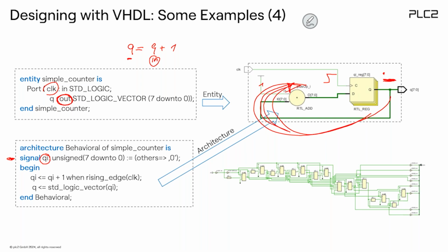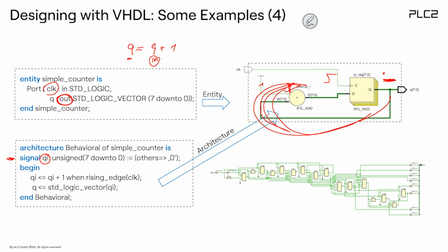Now you describe everything using QI, everything. But at the end of the day, you say Q is QI. So you work internally, but at the end you actually do this. In this case, you overcome the buffer.